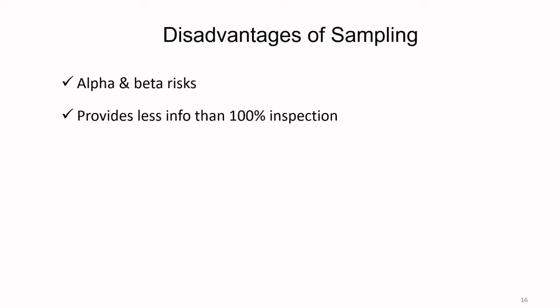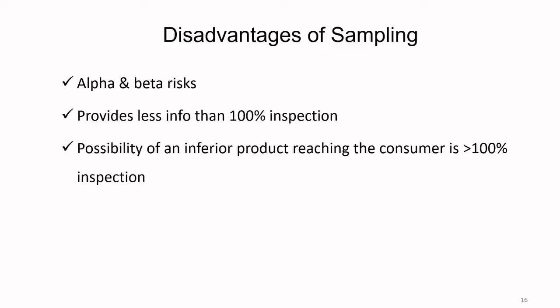But then it's okay. You can't be doing 100% inspection. It takes a lot of time and money, and then again a lot of work after the inspection has been done. And the disadvantage of sampling is that there is a possibility of an inferior product reaching the consumer, a possibility greater than with 100% inspection.